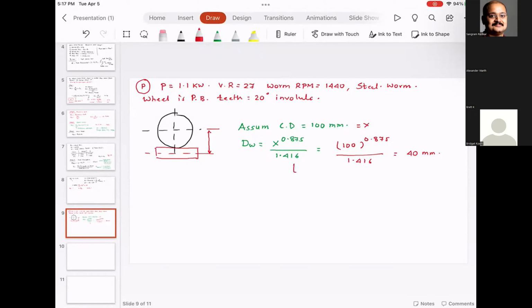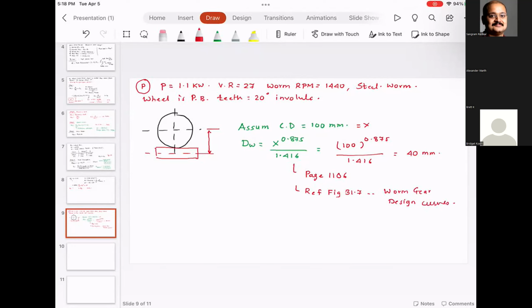This is given on page 1106, and you can refer to figure 31.7, which is the worm gear design curves.